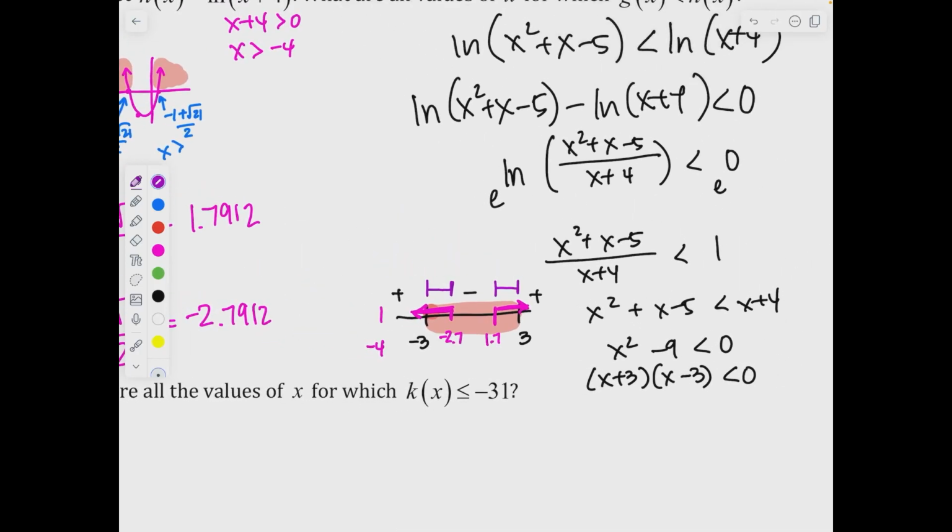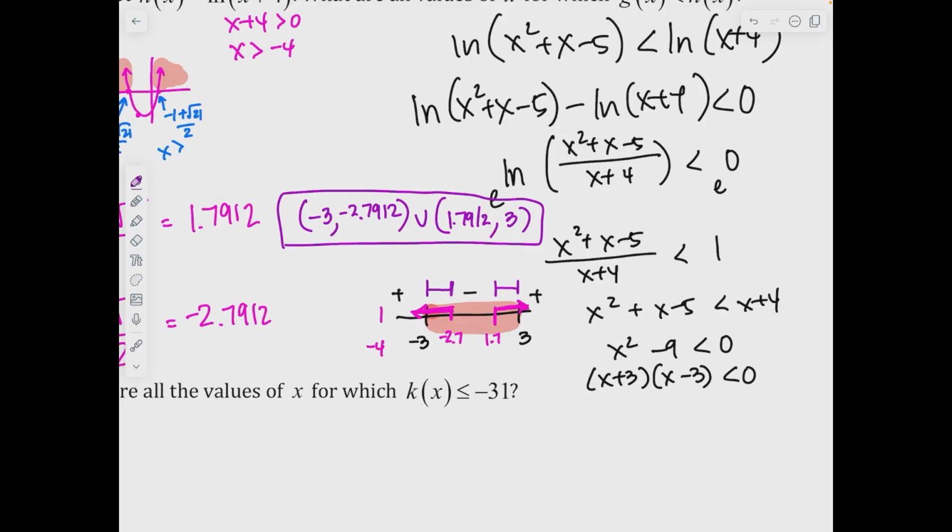So therefore, my answers are between negative 3 and negative 2.7912, and 1.7912 to positive 3. So this would be your answer here. If you need to keep it in its radical form, you can as well. So you could do negative 3, negative 1 minus the square root of 21 over 2.